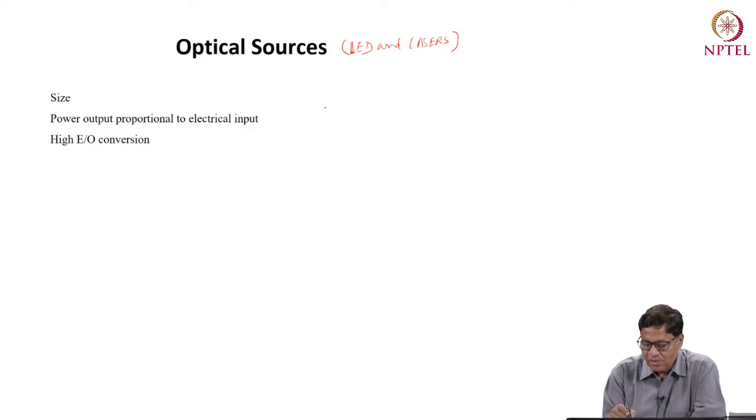That means whatever my electrical power is, it should give corresponding optical power. So the conversion rate between electrical power to optical power should be high.